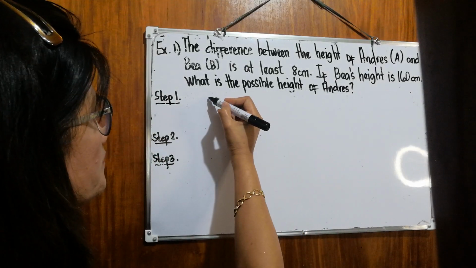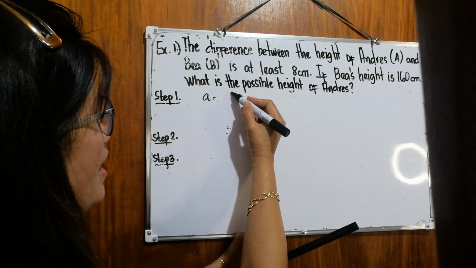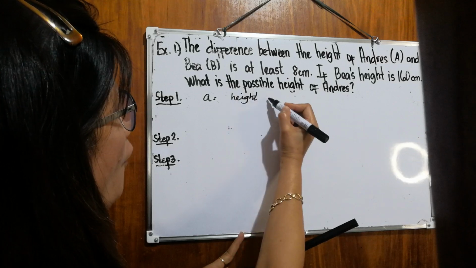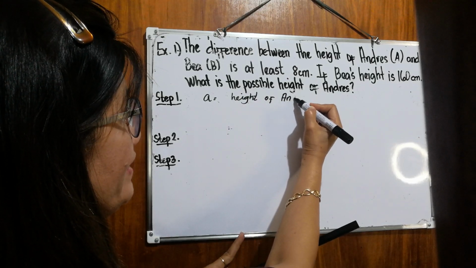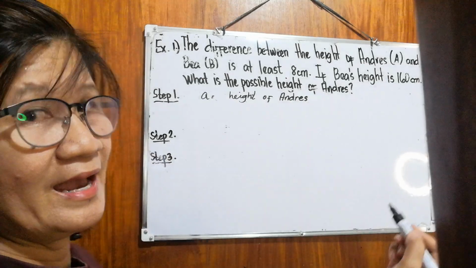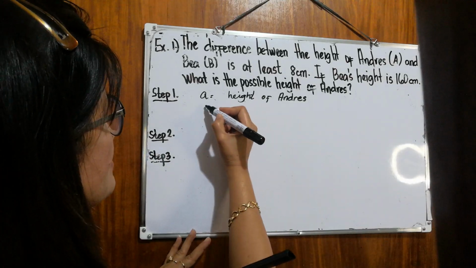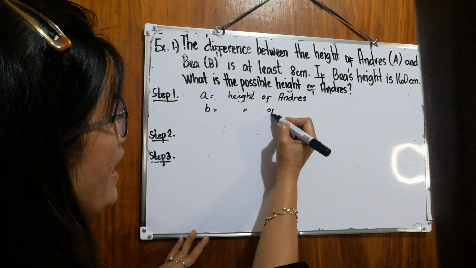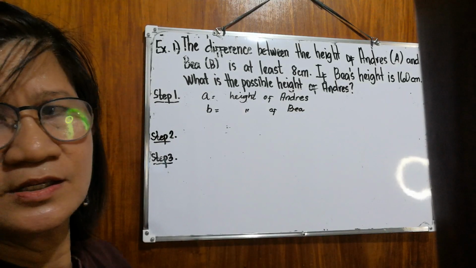So, let A is the height of Andres. O di ba mas madaling ma-identify kapag A, ibig sabihin height ni Andres. Then the height of Bea is represented by letter B. Height of Bea.